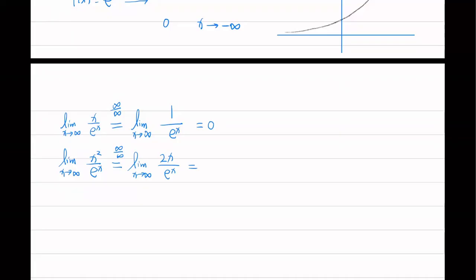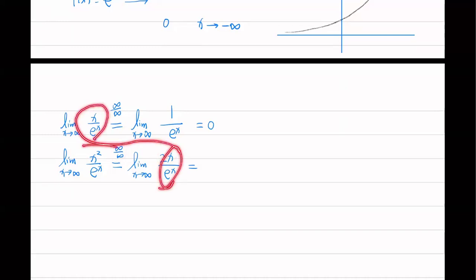What's this limit? Okay, there are different choices. We could keep going because this goes to infinity, this also goes to infinity. This is the type infinity over infinity. Or we can compare this with the previous one.